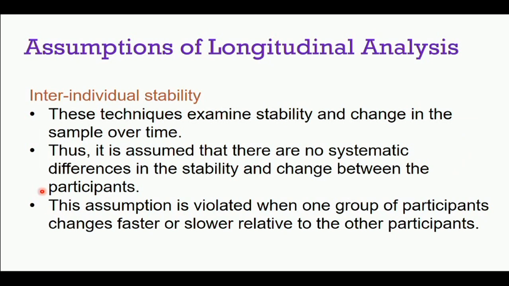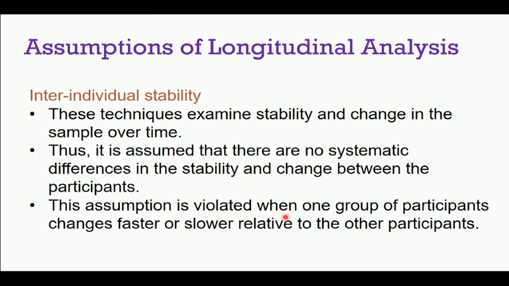Okay, so I'm just going to go through very quickly the assumptions. Inter-individual stability. This examines stability and change. It's assumed that there's no systematic differences. You know, one group of participants didn't differ in some way to the others in the type of stability and change.